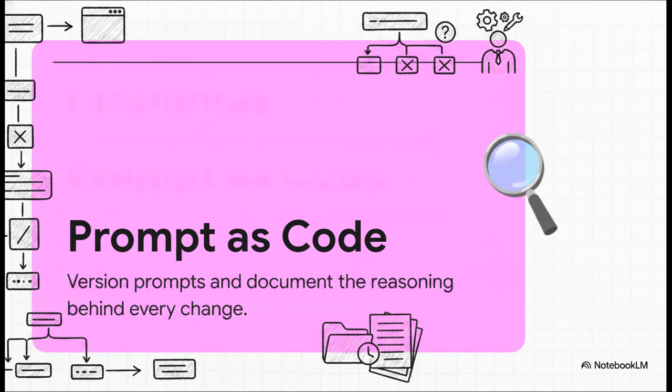For the technical folks listening, this is exactly how we bridge traditional software engineering practices with modern AI development. We need to version our prompts exactly like we version application code. You should be documenting the reasoning behind every single prompt tweak right there in your Git history. Because if an agent suddenly starts acting erratically, we need to know exactly who changed the prompt, exactly when they did it, and most importantly, why.